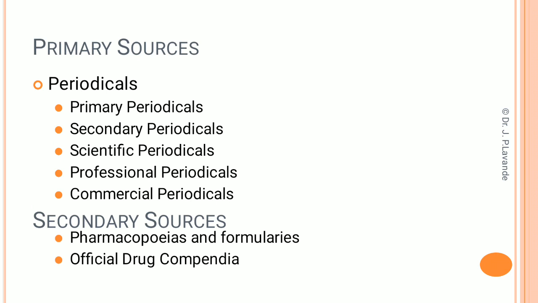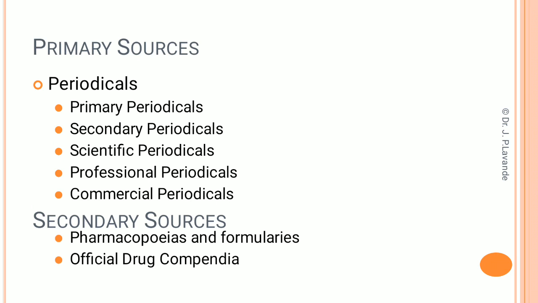Professional periodicals contain articles which have a practical aspect. They are less technically and scientifically oriented as compared to the articles present in scientific periodicals. For example, Pharmacy Times, American Journal of Pharmaceutical Education.